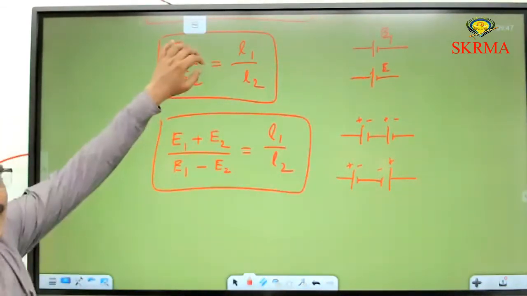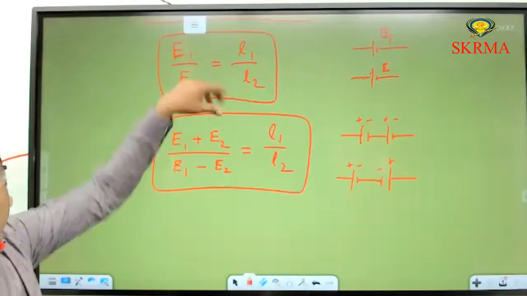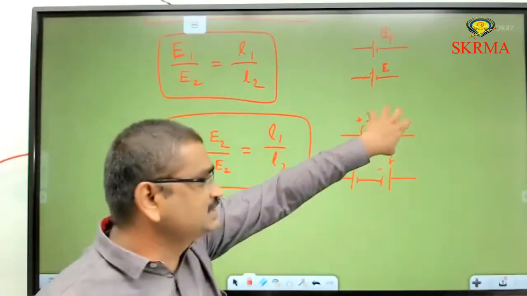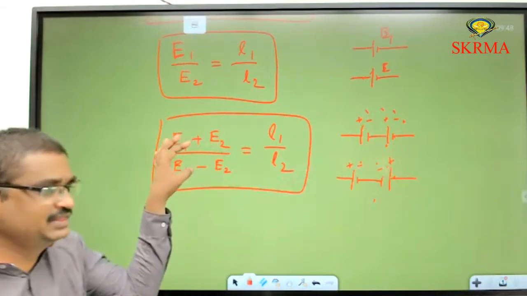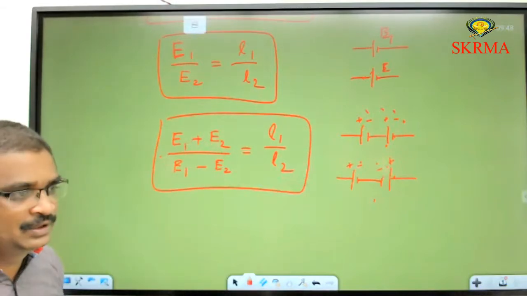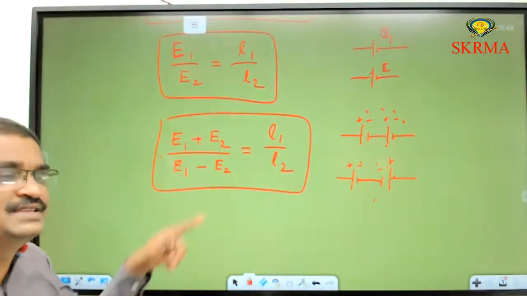So when single batteries are connected, E1 by E2 equal to L1 by L2. If you connect first like this, and after that like this, then the ratio of balancing length is this one. Only two formulas are there in the second case.